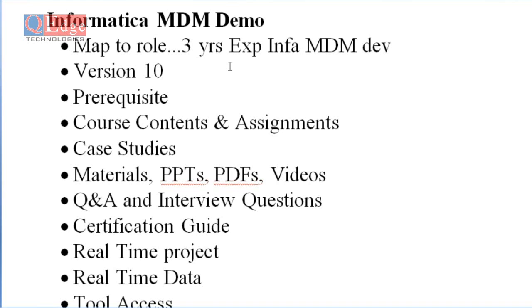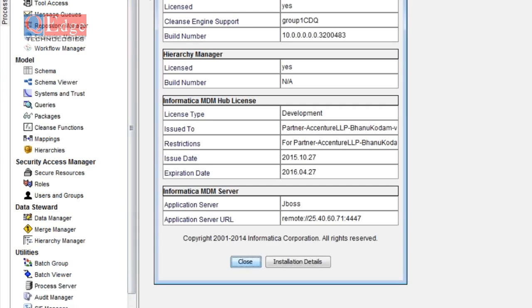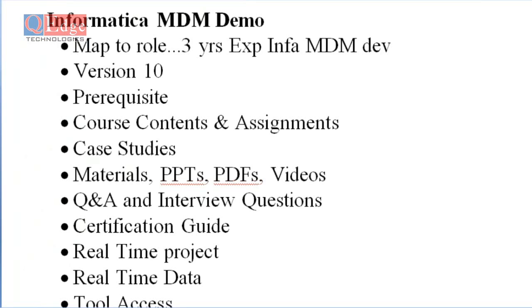Okay, now my tool is in version 10, as you can see here, version 10.0. The meaning is, I will be focusing and training on version 10. I'll not be training on older versions of this software. The reason is, you already know, no one wants to get trained in an older version, for many reasons.